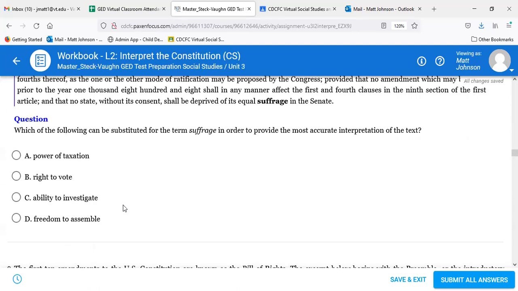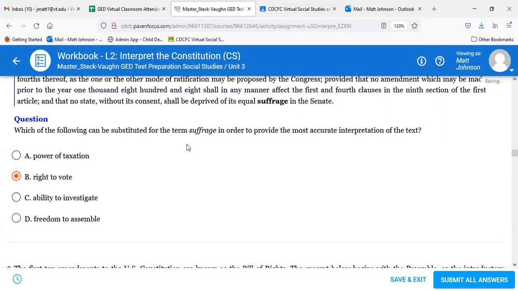A, power of taxation. B, right to vote. C, ability to investigate. D, freedom to assemble. The term of suffrage, right to vote. B. There you go. Yeah, B as in boy, right to vote.